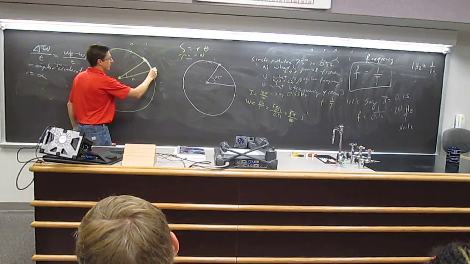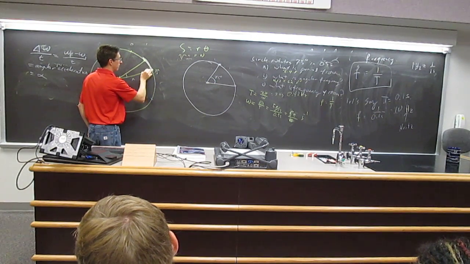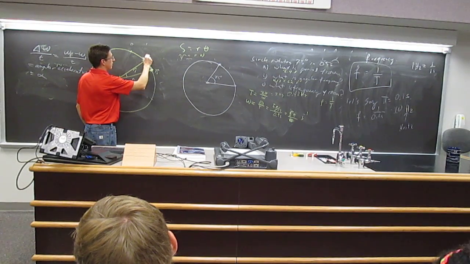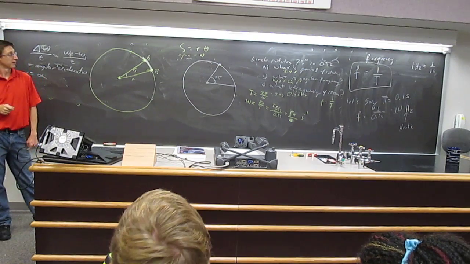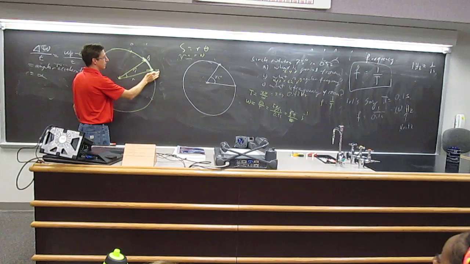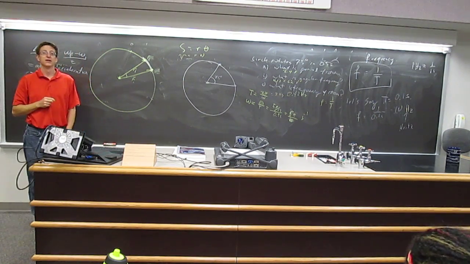Okay, so this is initial position. And then this would be the final position. I'll just call it RF here, the final position. R initial, R final, I'll write it like that.